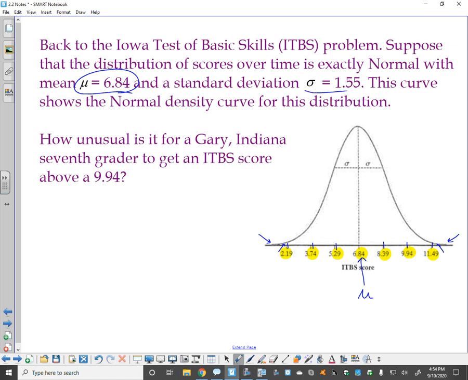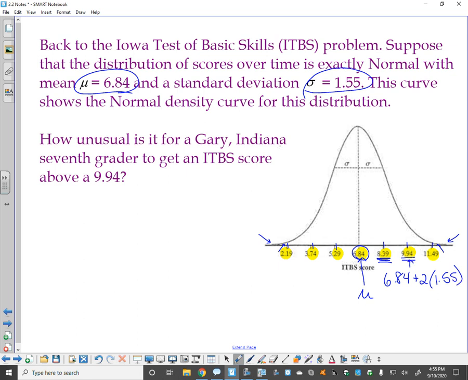Okay, now my standard deviation is 1.55. So think about how they got the 8.39. They added 1.55 to my mean, and that's where this number came from. To get the 9.94, they did 6.84 plus 2 times 1.55, because it's 2 standard deviations away from the mean.